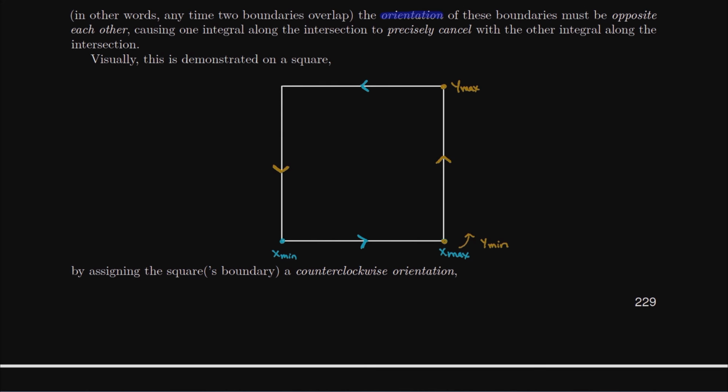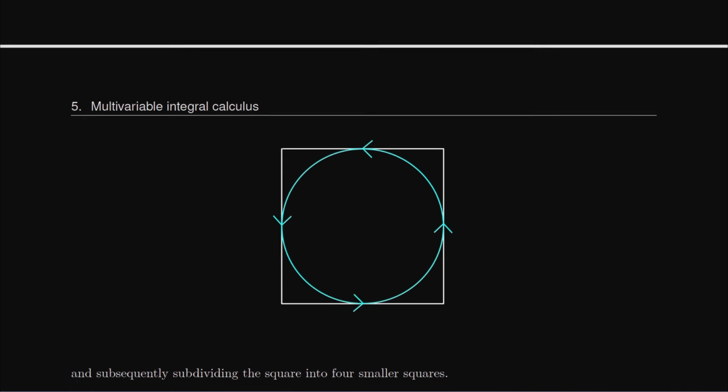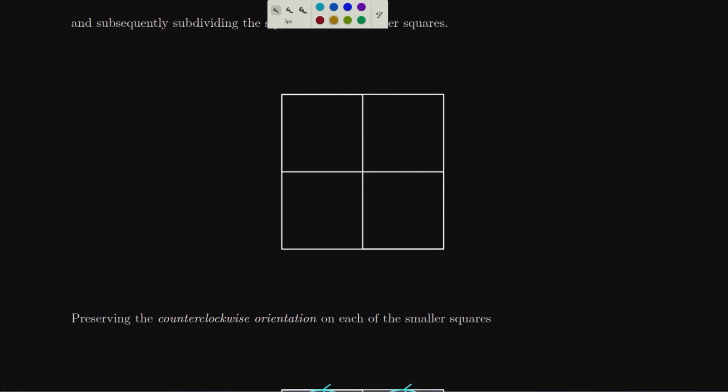And what's going to happen if I go ahead and tile that square into 4 smaller squares and repeat my counterclockwise-ness on each of the smaller tiles is, here's my outer counterclockwise-ness. But on each of the smaller tiles, I'm also drawing counterclockwise-ness. So that's going to give me a left pointing x value on the bottom right tile, but a right pointing x value on the top right tile.